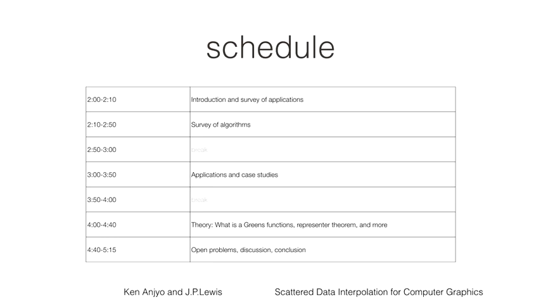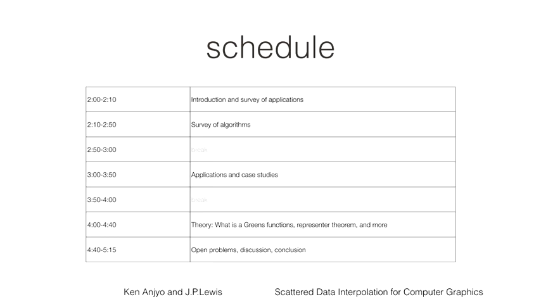So our schedule is in 4 parts. So we're going to have a quick survey of applications just to motivate you. That's only going to take 10 minutes. Then we're going to go over scattered interpolation algorithms, and that's going to be sort of a full hour's worth, quite a bit of material to go over there. Then we'll take a break.